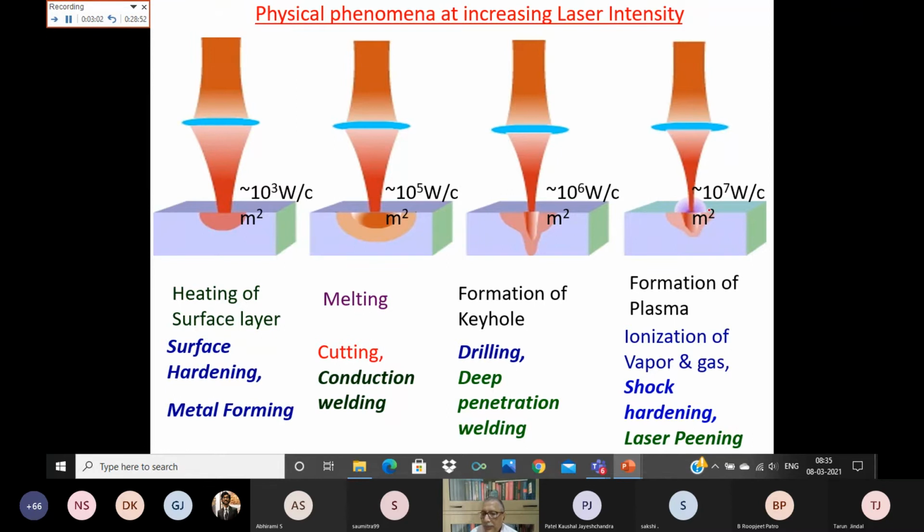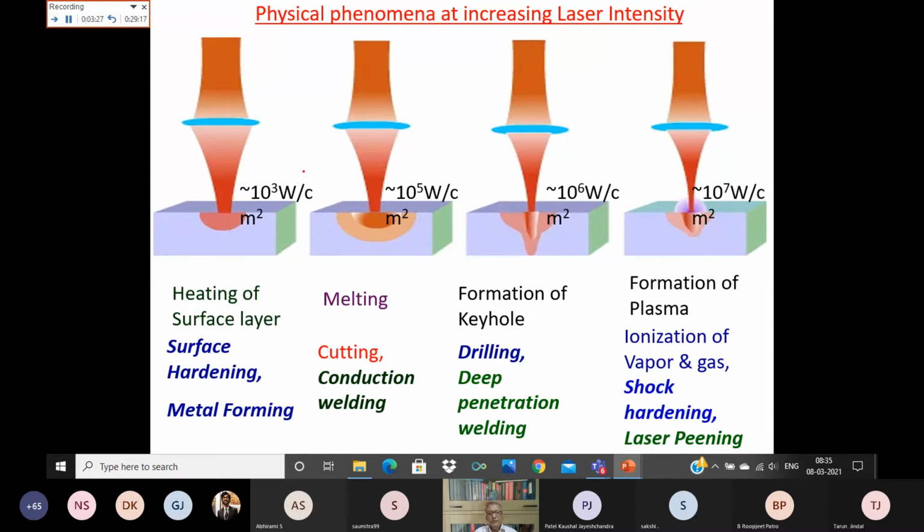And this shock wave is going to introduce a certain amount of compressive stress in the surface. And this compressive stress can cause a certain amount of hardening, and this process is known as shock hardening. Sometimes it is also known as laser peening, laser shock peening.